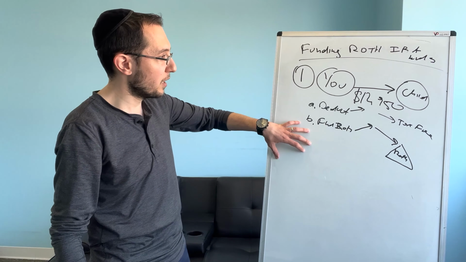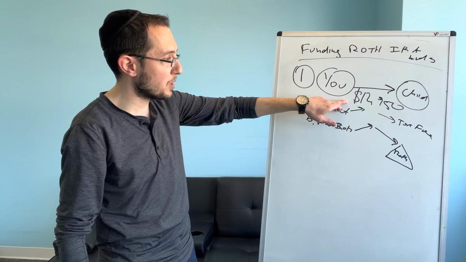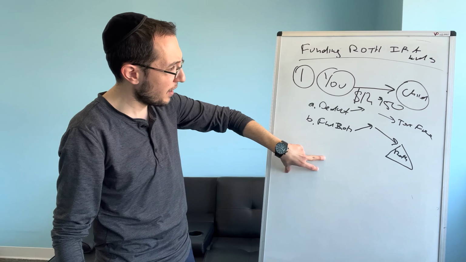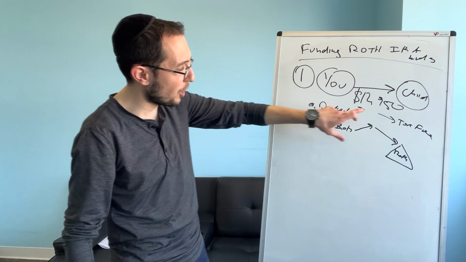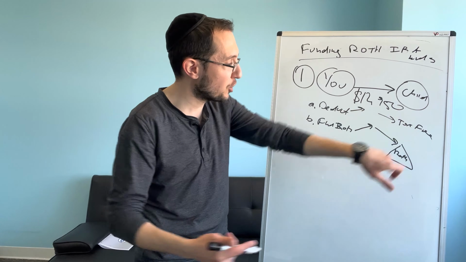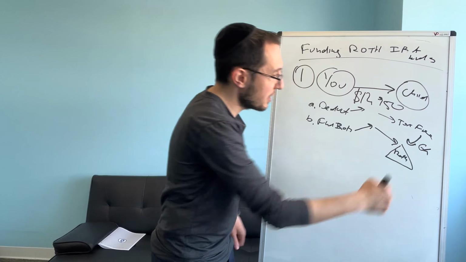Look what you just created. You got a deduction for yourself. If you're in a 30% bracket, that's at least $3,600 in savings. The child receives the money tax-free, doesn't pay any income tax on it, and the child funds their Roth IRA at $6,000 a year.